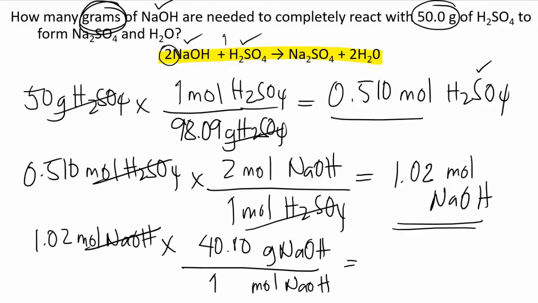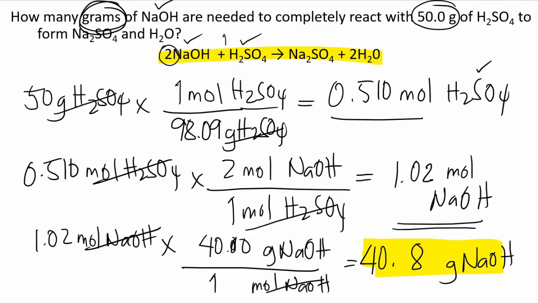So we cancel mole NaOH. So we'll be left with grams of NaOH. So doing the math, 1.02 mole times 40.00 is equal to 40.8 grams. So that is our final answer. 40.8 grams of sodium hydroxide will react with 50 grams of sulfuric acid.